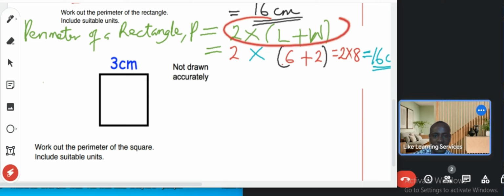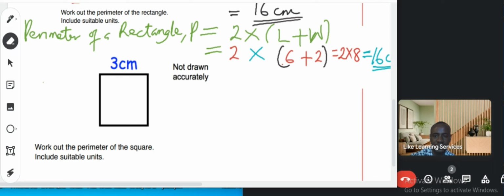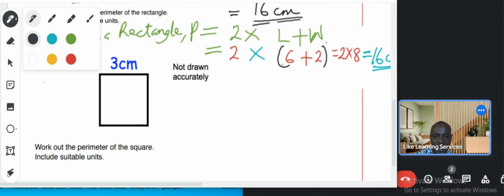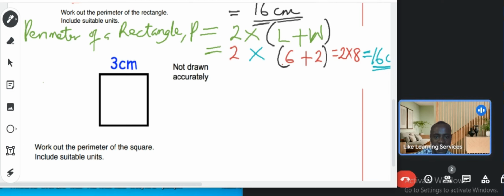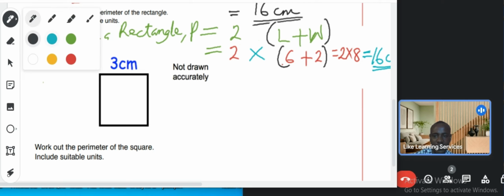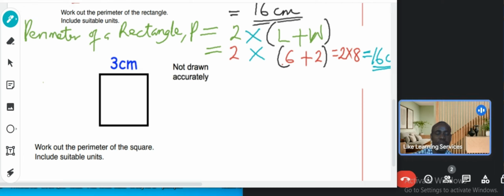Read it out. The formula: 2 times, open a bracket, length plus width, is it not? Yes. 2 times, open a bracket, length plus width. Close the bracket.